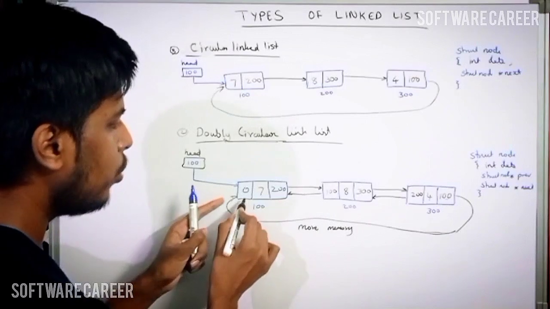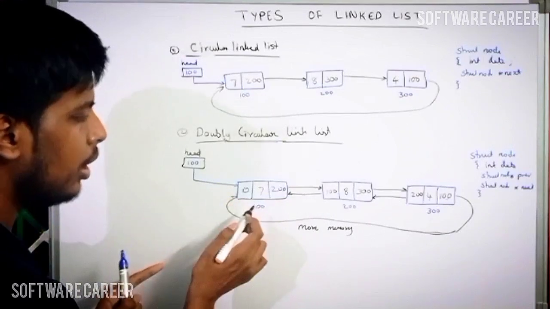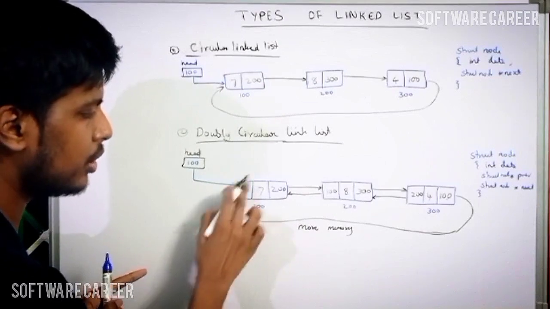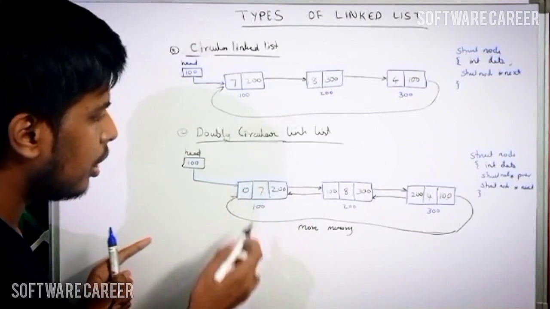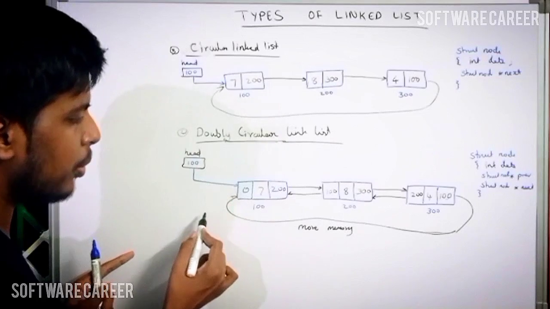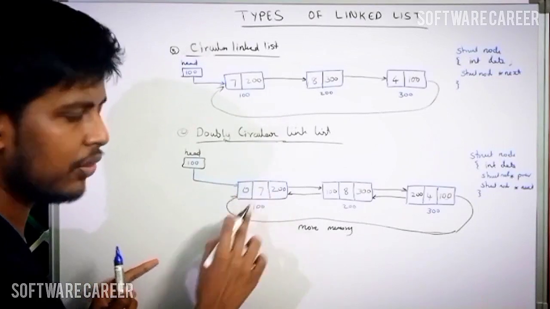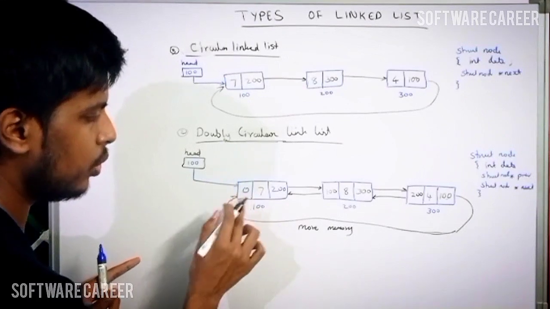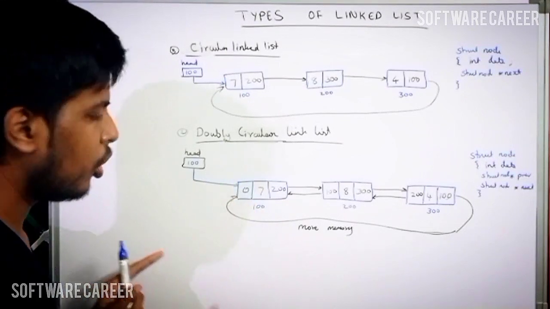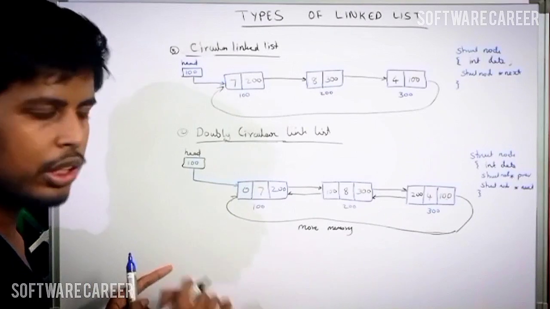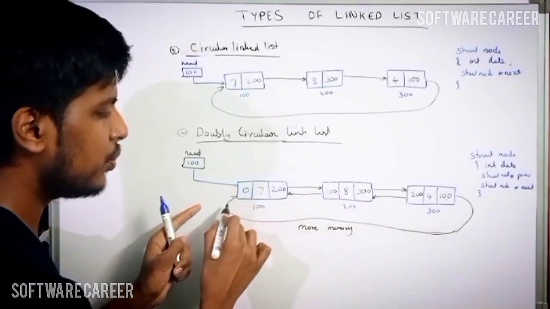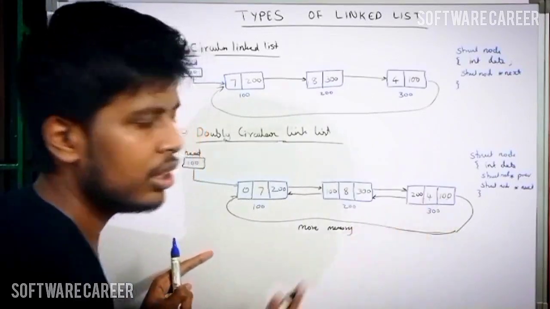Here the first node is defined with 100 as its address, and 7 is the first element. No element is there before this 7, so the previous pointer in this first node is 0. But if it becomes circular, what is the previous node of this first element? It is 4, the last element.